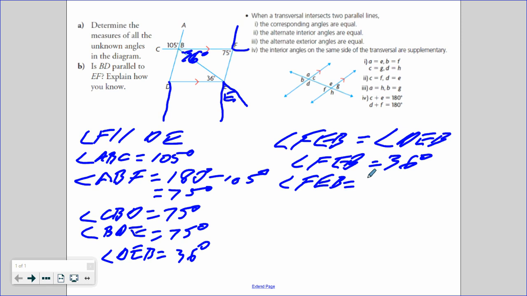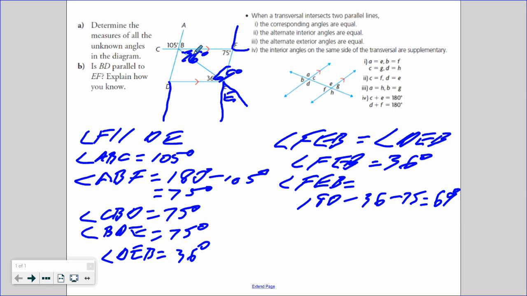So I'll have to just put it in a line down here. 180 minus 36 and 75. And that will equal 69 degrees. Okay, so that's this angle right here. 69 degrees. Okay, one more angle to figure out.